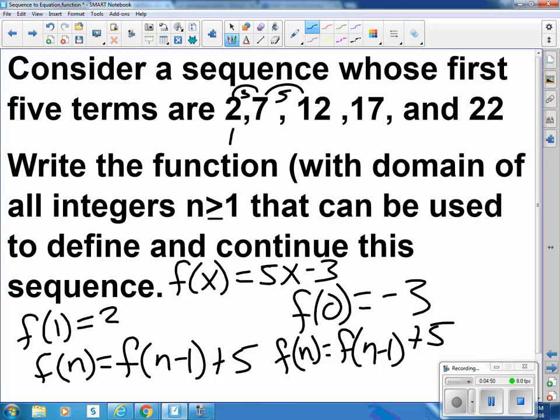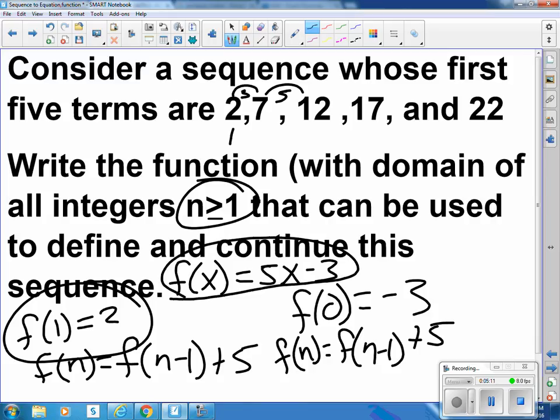But if I tell it the 0 term, but if I say, actually, n is greater than or equal to 1, then we would just start at n equals 1. This equation works if I change that to an n, anything greater than or equal to 1. If I start with 1, that'd be 5 times 1 minus 3 is 2, so that gives us our first term, so that's good.